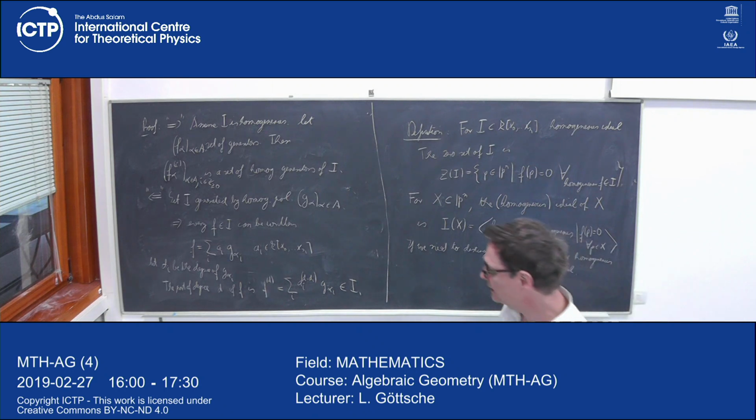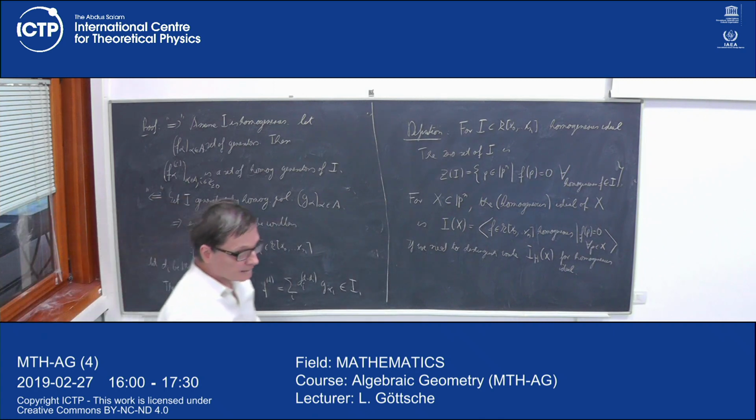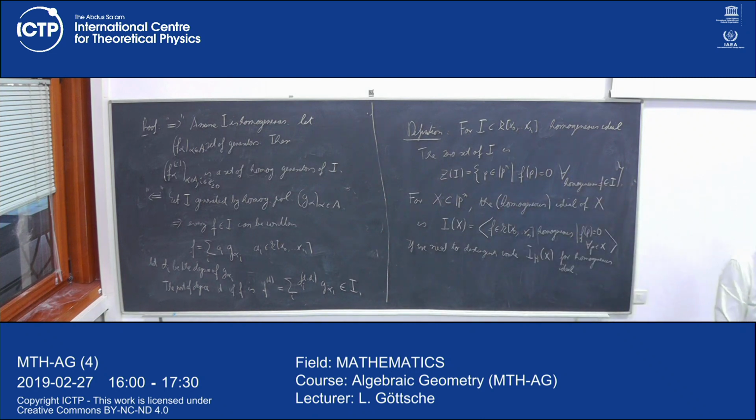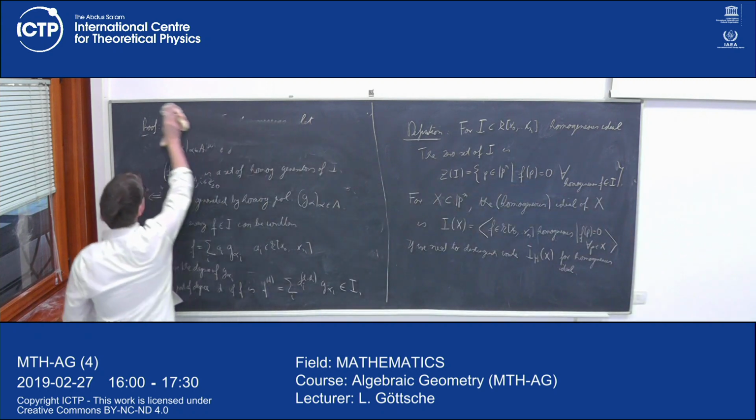I should maybe mention, because we will not use that much, but we will use it later today, that we were not really forced to restrict our attention to homogeneous polynomials, homogeneous ideals. One can also do without that, but it leads to a slightly unintuitive situation.